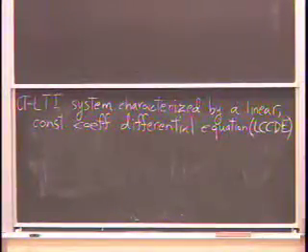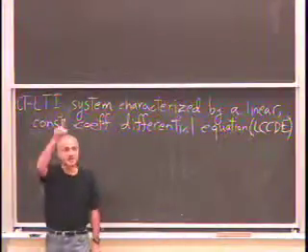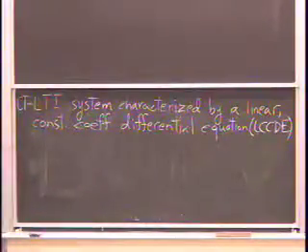In discrete time, they were rational in terms of e to the I omega, so you always lived on the unit circle. But in continuous time, the polynomials are in terms of I omega, not e to the I omega.